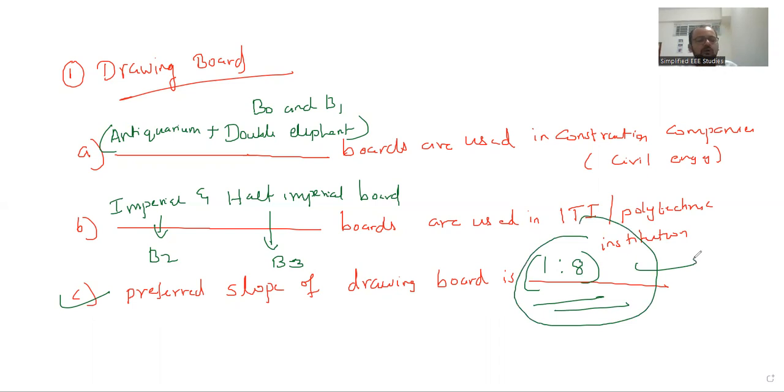I hope you have got a brief idea about the drawing board, one of the very important drawing instruments. I have discussed why a drawing board is required. Obviously, one plane surface is needed. That is the function of a drawing board. We use well-seasoned softwood, and the average thickness is around 25 millimeter.